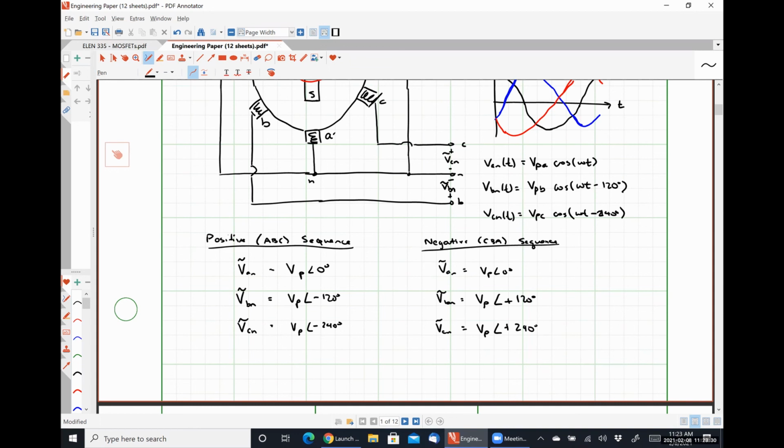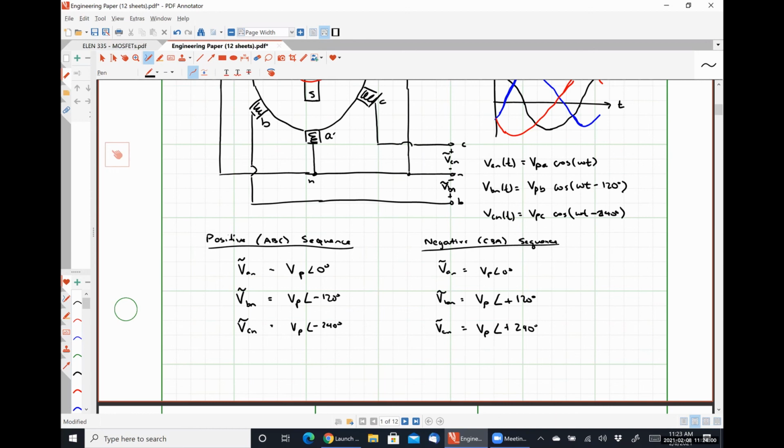Negative phase sequence is it spins counterclockwise. The one spins in one direction, the other spins in the other. The speeds are exactly the same, all that kind of stuff. It's literally just changing the direction of rotation. Because it's just such a simple and arbitrary difference, in this class all of our circuits will utilize a positive phase sequence, because the direction of rotation really doesn't matter based on the analysis that we're doing.